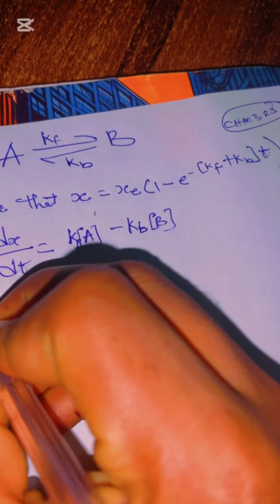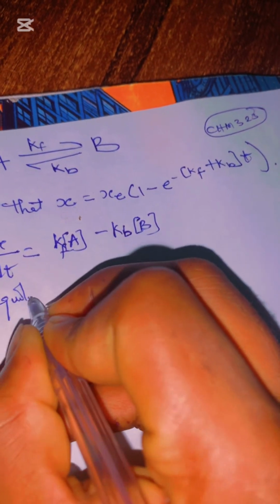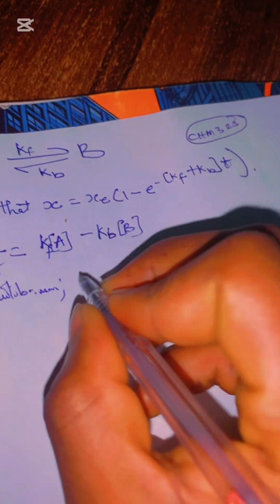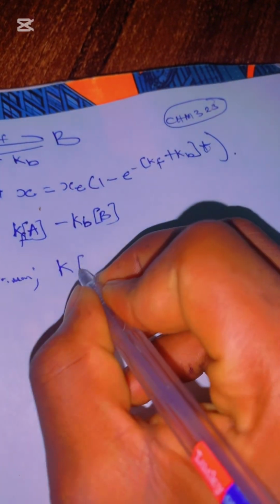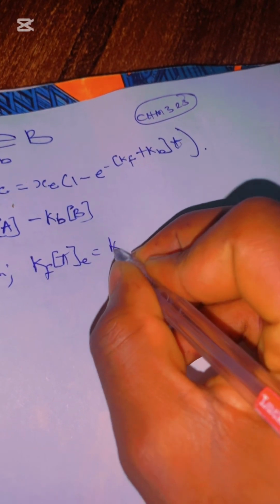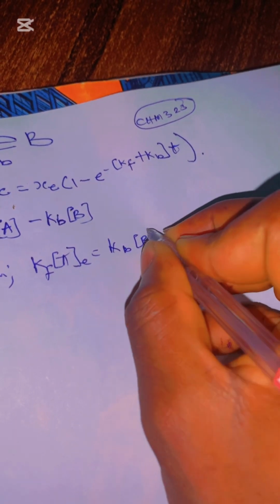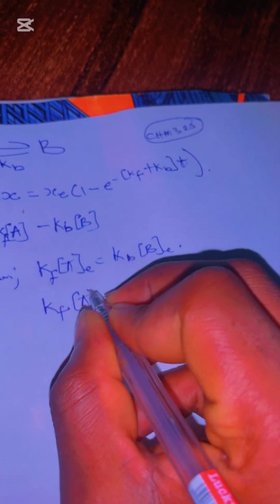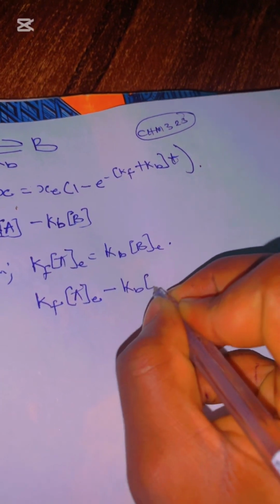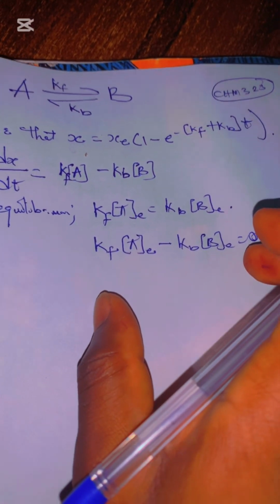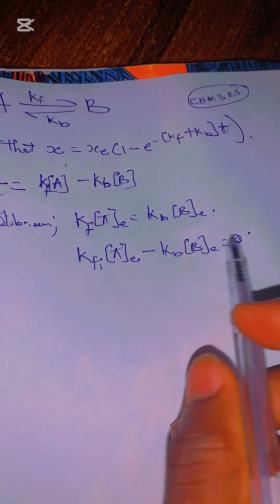Now, at equilibrium, the rate of forward reaction is equal to the rate of backward reaction. That means Kf Ae is equal to Kb Be. Are we good? So Kf Ae minus Kb Be is equal to 0. At equilibrium, this minus this gives us 0.